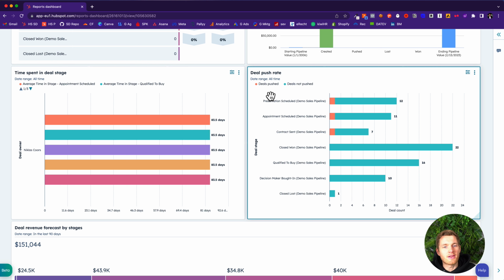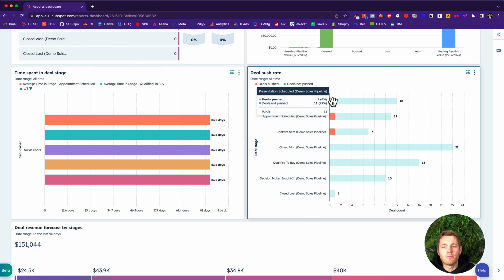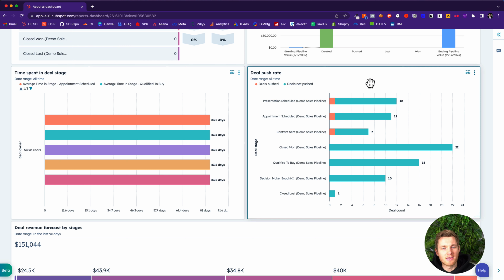So say the customer needs more information, reaches out to your internal teams, but they're buried in work, so it takes ages for them to get back to the prospect. And then you need to move out the close date just because they don't have the information they need to make a decision in time, right? These are some of the typical conclusions that you can draw from the deal push rate report.